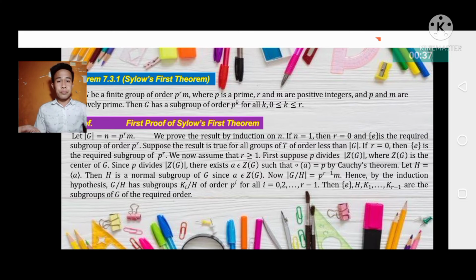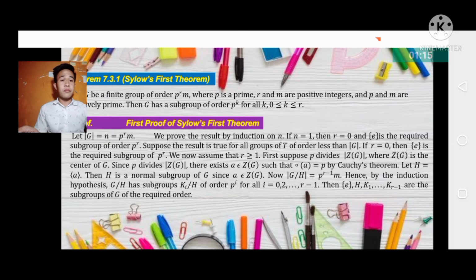This symbol is the cardinality; it is not the absolute value, but the number of elements, the order of the group G. We prove the result by induction on n. If n is equal to 1, then r is equal to 0, and the identity element is the required subgroup of order p to the power r.